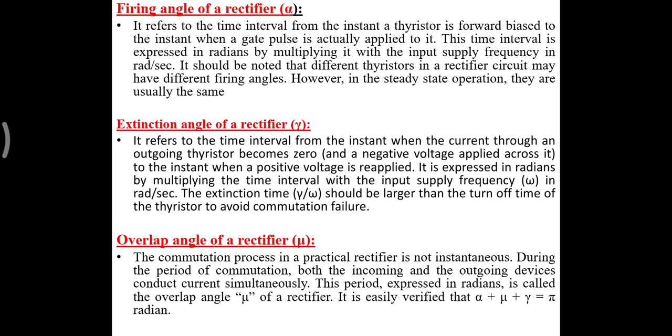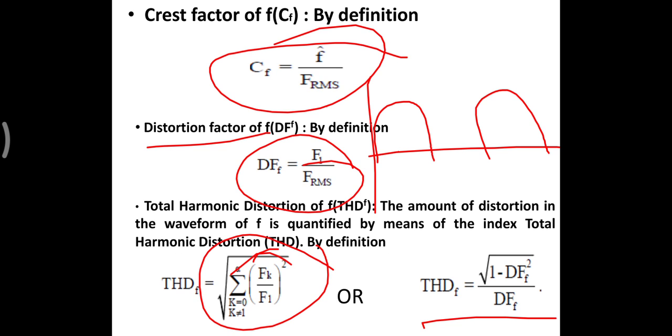Next, firing angle of a rectifier. Firing angle of the rectifier defines at what time the SCR is going to conduct. That means the SCR is going to be in forward condition. That is called the firing angle. So indirectly it defines a time interval.